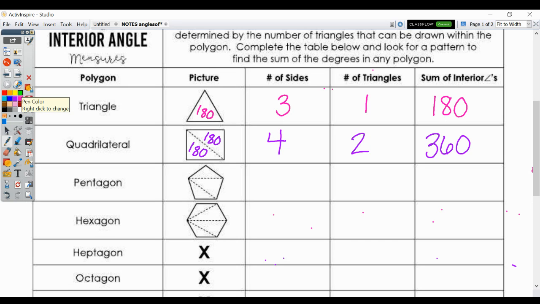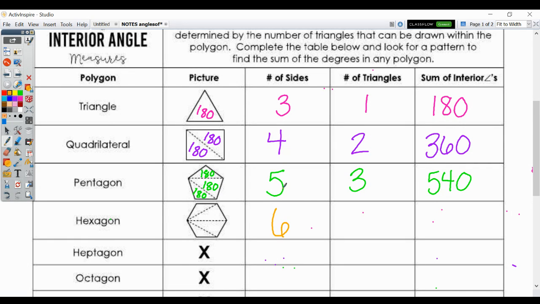Okay, now pentagon. A pentagon has five sides. We can see that there are three triangles inside of a pentagon. Well, just like we did with a quadrilateral, if we have 180 degrees here and 180 degrees in that and 180 degrees in that, if we added all of those together, there would be a total of 540 degrees inside of a pentagon.